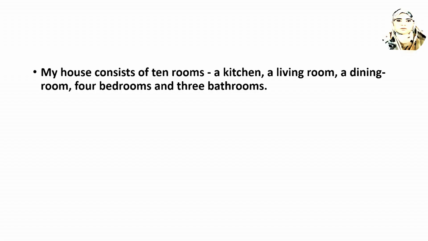My house consists of ten rooms, a kitchen, a living room, a dining room, four bedrooms, and three bathrooms. Okay, what's wrong with this sentence written by one of my students? A kitchen, a living room, a dining room, four bedrooms, and three bathrooms is an example of listing, actually. So we need to avoid listing.